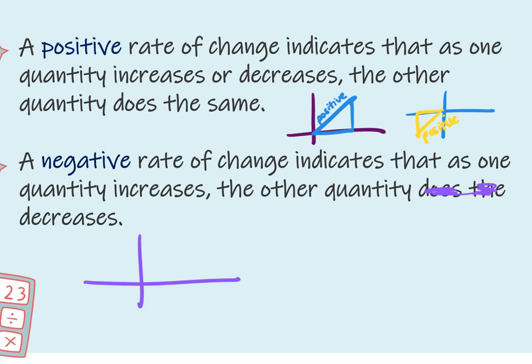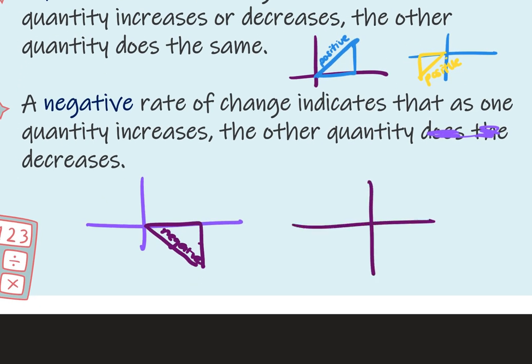So as x increases, the y would decrease. That would be negative. And the reverse, if the x decreases, the y would increase. That would still be negative.